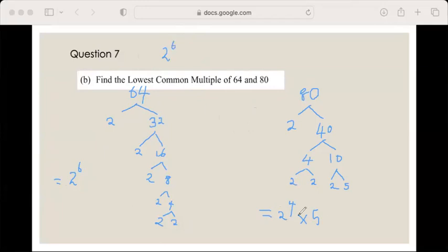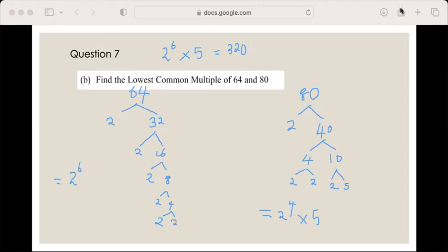And highest of 5 is just 5 we have. So now we can easily calculate the lowest common multiple, which you might have already found, which is 64 times 5, is 320. So, right, congratulations that you got both the part A and B correct for question number 7.